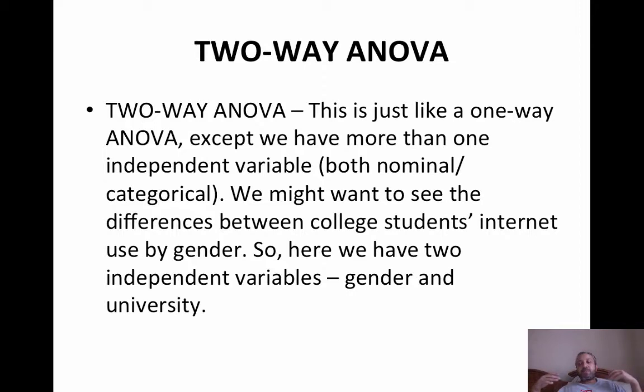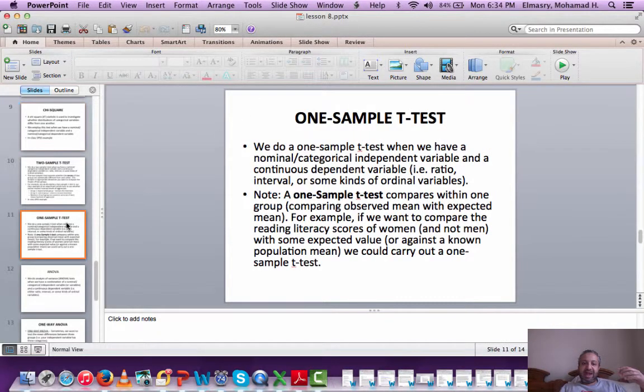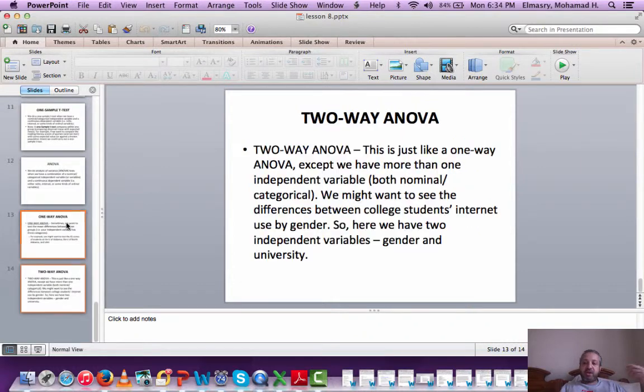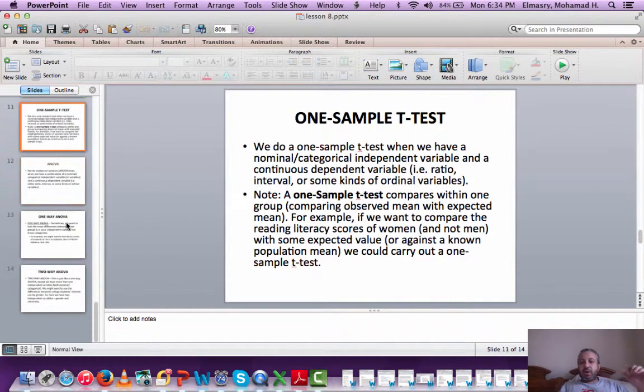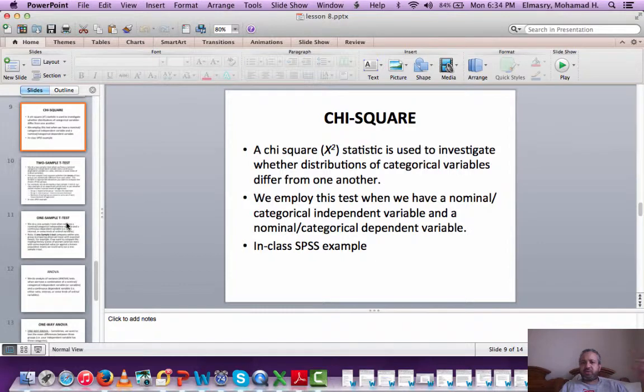So similar, again, in all these tests, these last four, the one sample t-test, the two sample t-test, the one-way ANOVA and the two-way ANOVA, those four tests all give you a t statistic, and they're all very similar. So on a test, you might say, well, what would the professor do on a test? What I might do on a test is I might give you a scenario, a situation.